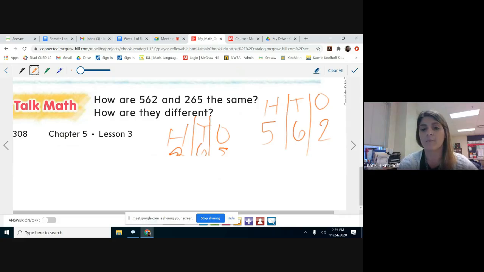The 5 in this number would be just a 5, and the 5 in the other one would be 500. So as you can see, the place value of each digit is super important for us to understand so that we understand the value of each number and how it works and how it relates to math.